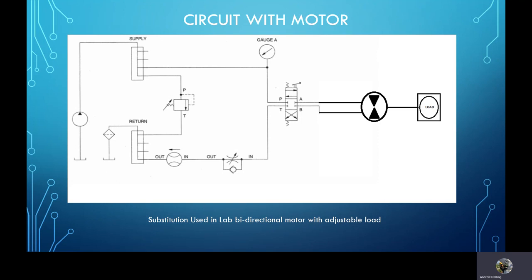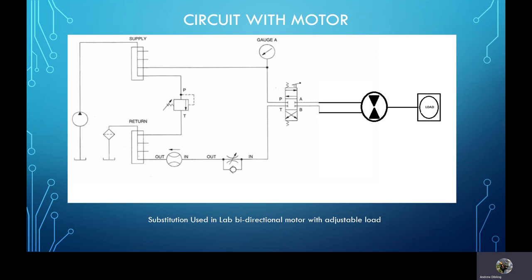It became more difficult to stall the motor at a higher system pressure. But regardless of the system pressure and the amount of load, the speed was controlled only by turning the dial on the speed control mechanism or the flow controller. So that kind of proves the concept that speed and flow are related and force and pressure are related.